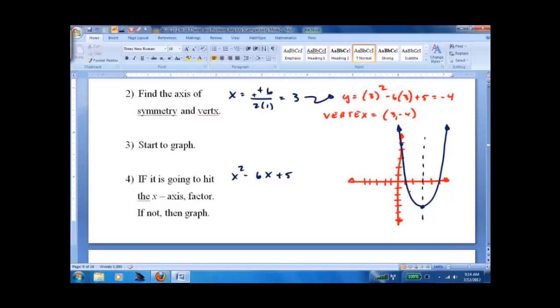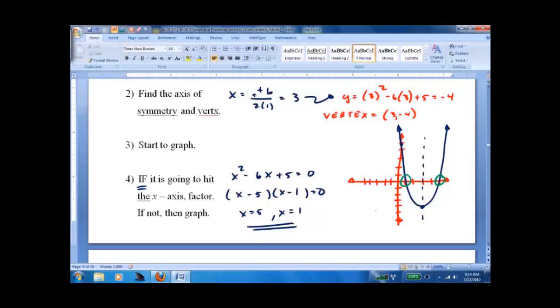We could have drawn that graph anywhere. I mean, we could sit there and pick out points, but that takes forever. If it looks like it's going to hit, factor it. Which I had obviously done in my head because it hits here at x equals 1, x equals 5.